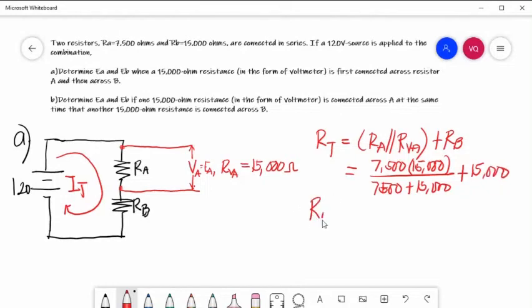So total resistance is equal to 20,000 ohms or 20 kilo ohm.